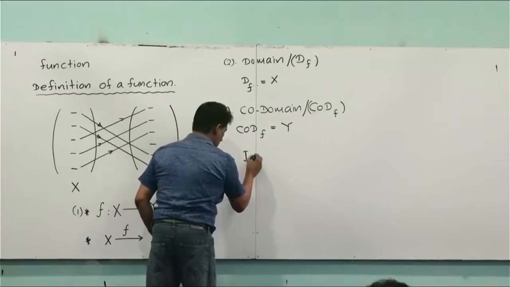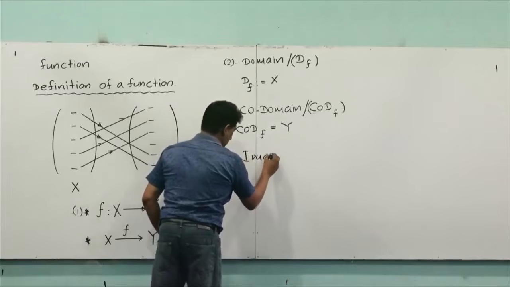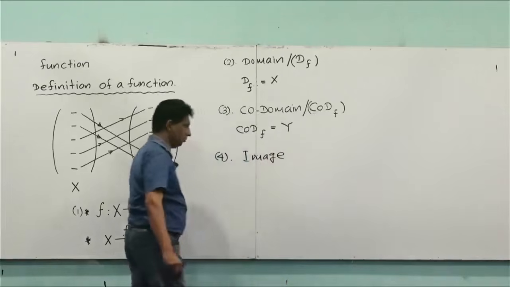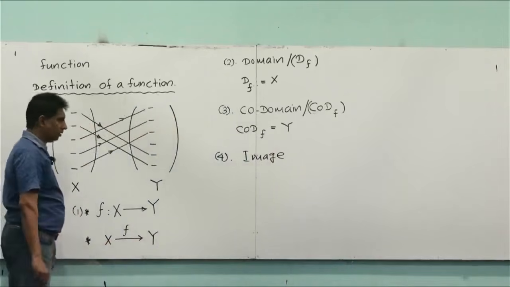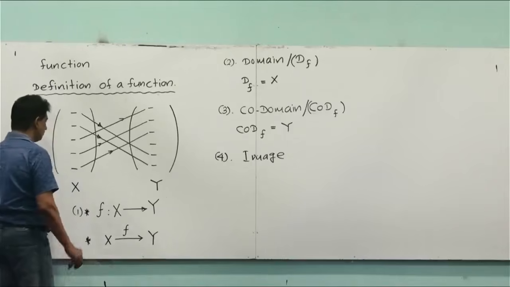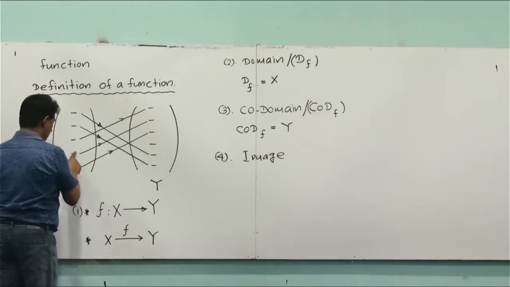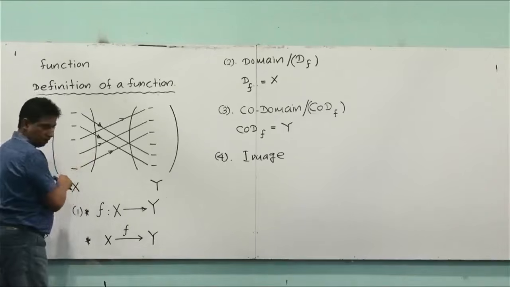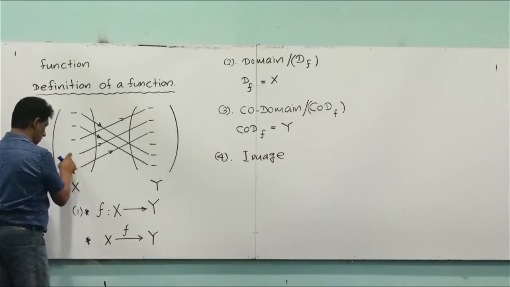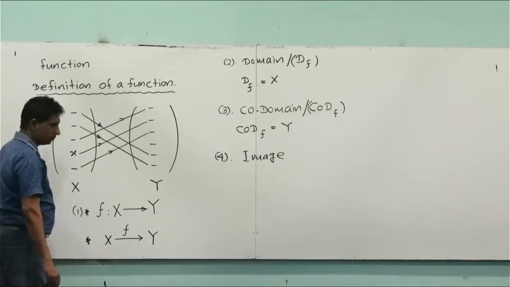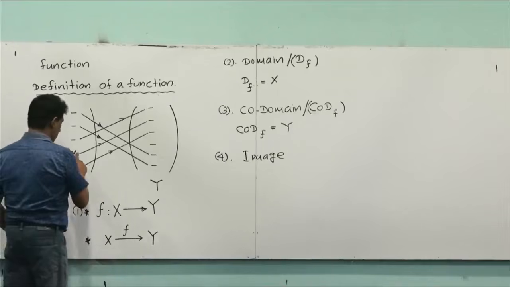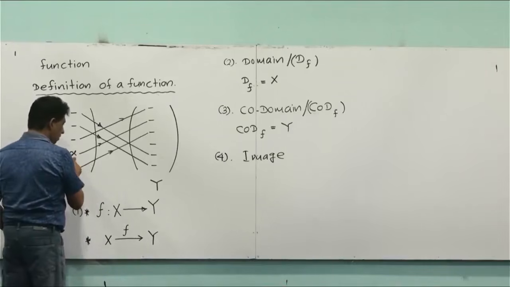Then the fourth one. There is another term, it is called image. Right? Image means, if we take this element, as an example simple x, then this element's related element means this one.